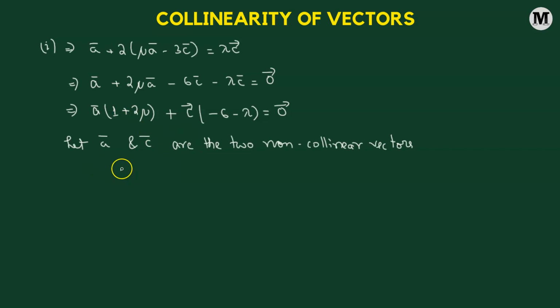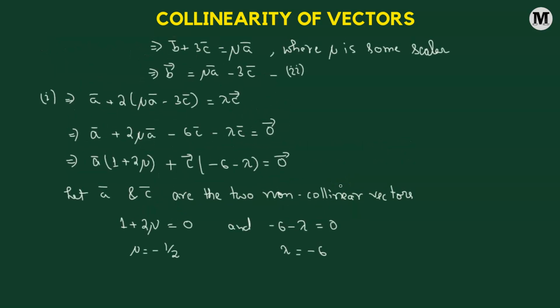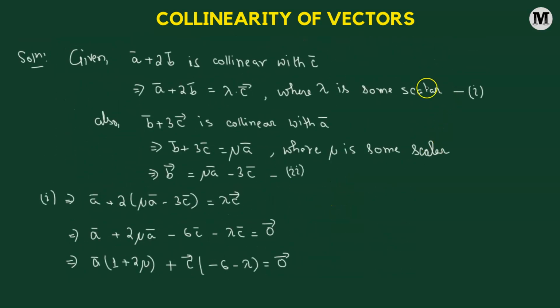So if they are non-collinear, that means the coefficient of vector a, which is 1 plus 2 mu, will be equal to 0, and the coefficient of c vector, that's negative 6 minus lambda, is going to be equal to 0 as well. Now solving for mu, we get mu equals negative 1/2, and solving for lambda, we get lambda equals negative 6.